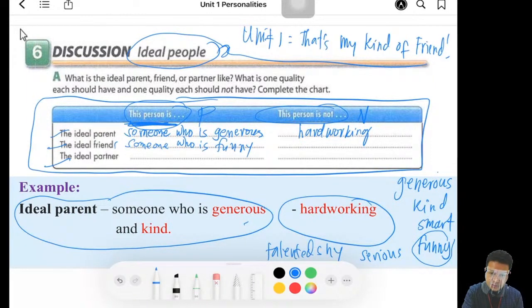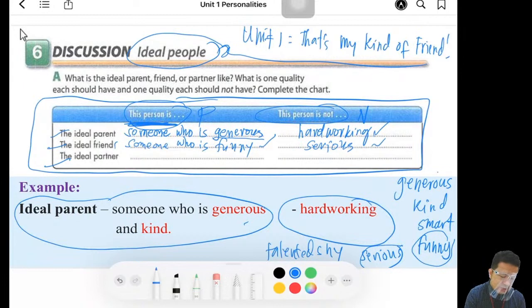Now let's go to the negative personality. You have here, for example, serious. This person is not serious. So you have the opposite personalities of anybody here. First is generous, and then not hardworking. You have here funny in the second sentence, but the negative personality is that this person is not serious.